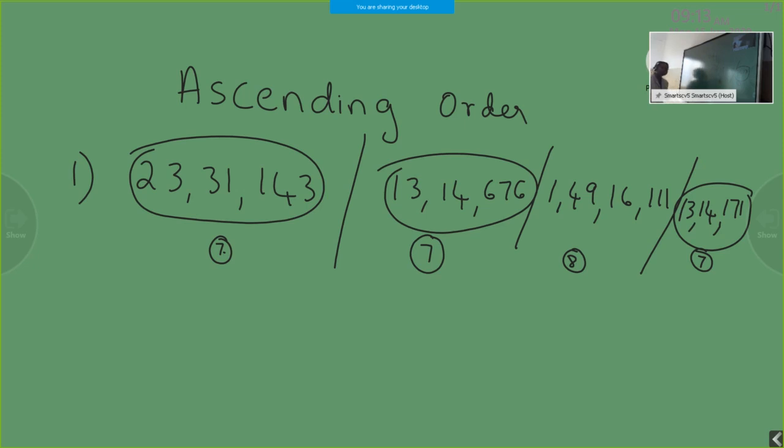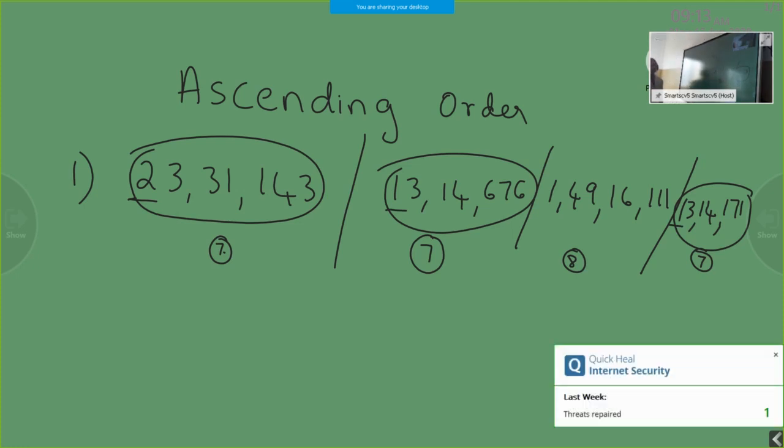So in that case, what we have to do? We have to compare from the leftmost digit. So which is the leftmost digit in all the 3 numbers? Here it is 2, here it is 1, and the third number also has 1. Now the next process is we compare the leftmost digit, and the smaller one is the smallest number.